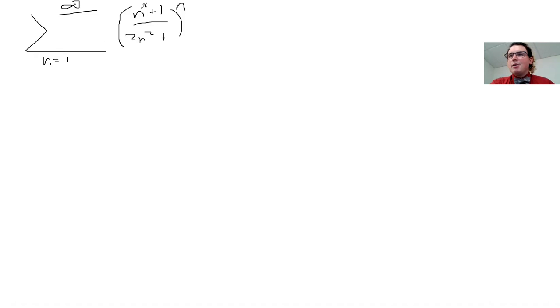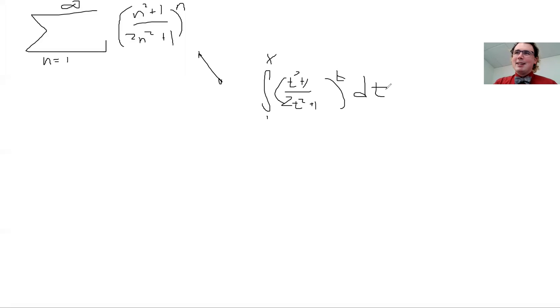So even though all of my summands are going to be positive, my convergence tests from last week might not be the most helpful thing, right? Am I going to compare this to the integral from 1 up to x of, let's say, (t squared plus 1) on (2t squared plus 1), the whole quantity raised to the t power dt?